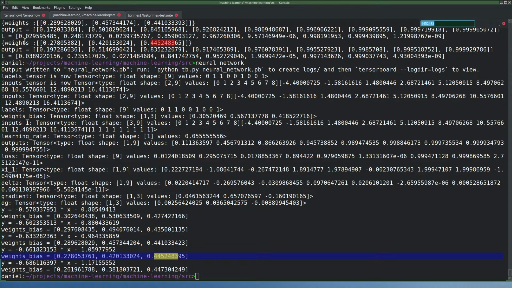And this one also shows the output, so I'll probably want to add output to this output, neural network. Let's print the output after the forward pass.